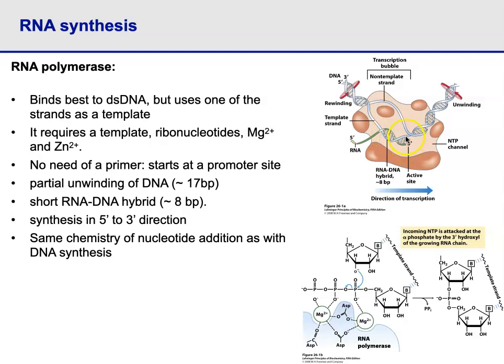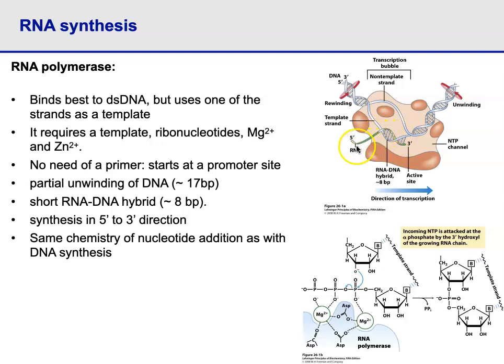So approximately 8 nucleotides span this hybrid between DNA and RNA. You can see this double-stranded area where DNA and RNA are actually bound together.